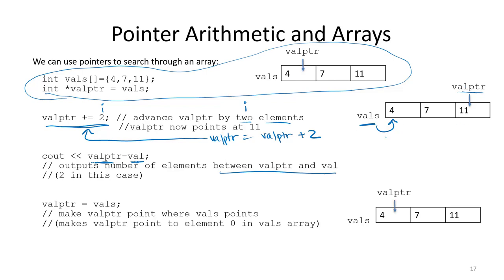So here, vals is at element 0, valptr is at vals element 2, so valptr minus vals will be 2, because these two pointers are 2 elements apart. And finally, suppose I wanted to bring my valptr pointer back to the beginning of my array. I could just write valptr equals vals, and that would make the 2 pointers point back at the same memory address.